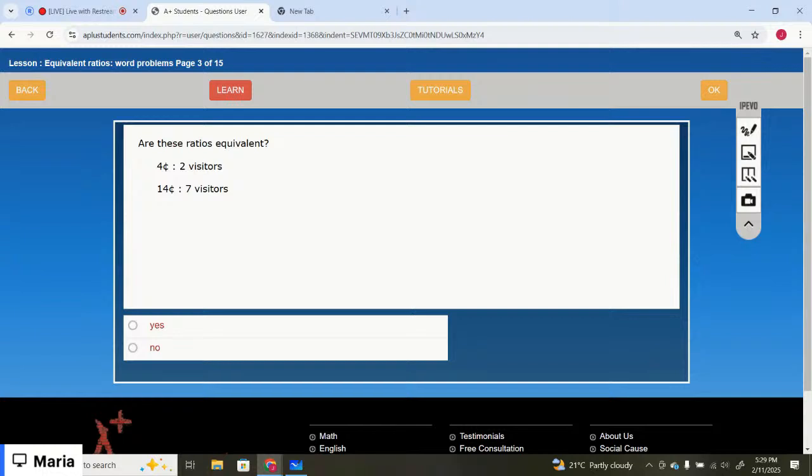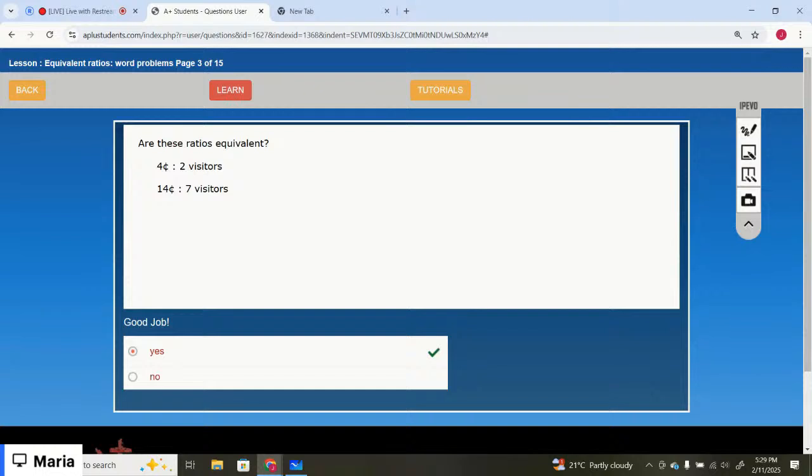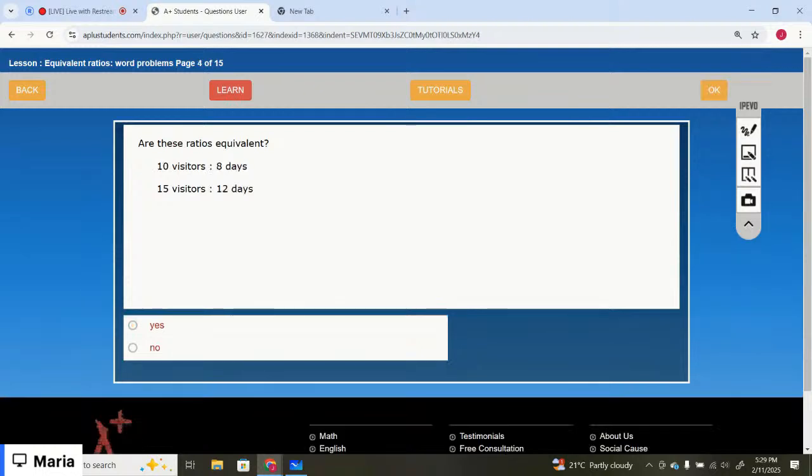The correct option is yes. Are these ratios equivalent? 10 to 8 and 15 to 12? Yes, they are equivalent. The correct option is yes.